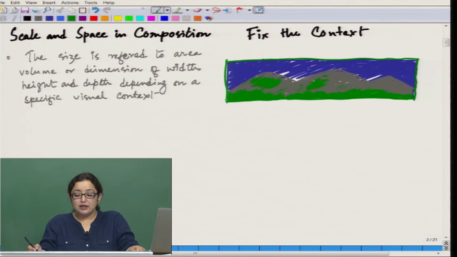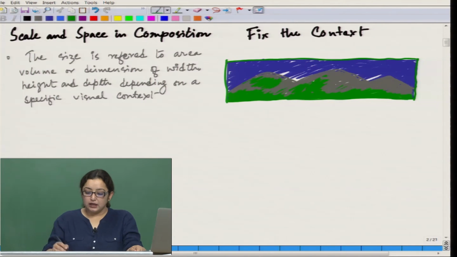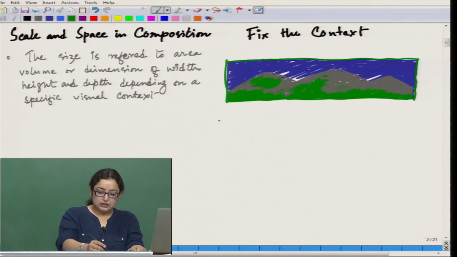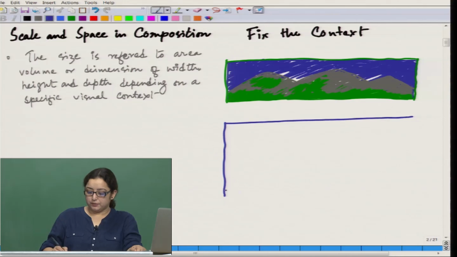Then how much area is occupied by the sky becomes the next consideration, and accordingly how much area is occupied by the forest and the mountain in a picture. And that way fixing the context is determined by the aspect ratio of different objects in a picture.